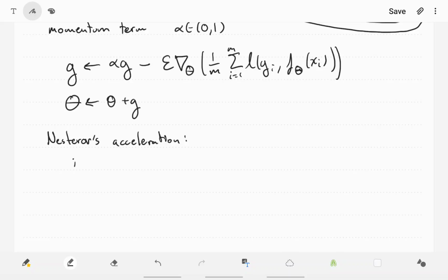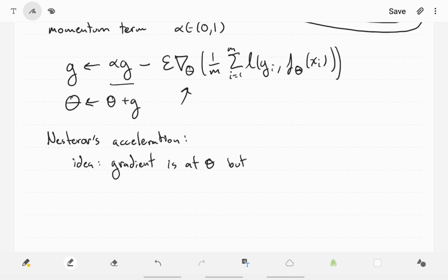The basic idea here is that the gradient, by which I mean this gradient here, is taken at theta, but if you see what we do, we add this gradient to some theta plus alpha times G, because we're already committed to making the alpha G be included in our current step's directional update.